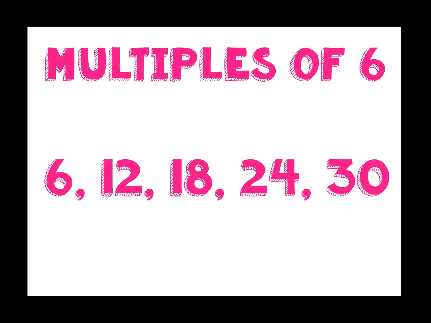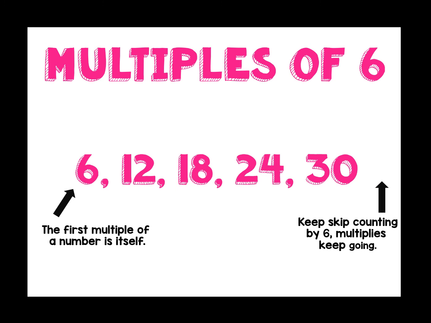The multiples of 6 are 6, 12, 18, 24, 30. Two important things you need to remember about multiples are: the first multiple of a number is itself, and you can keep skip counting by 6 or a given number. Multiples keep going.